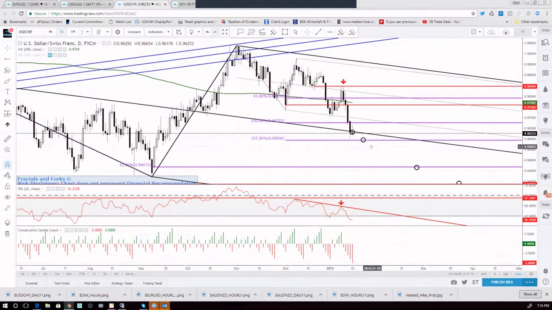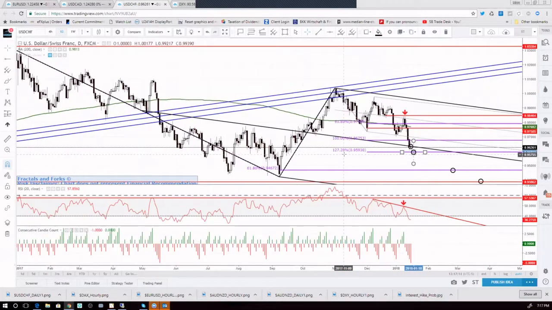If this is wave 3, then we have to reach the 127 extension. Well, we don't have to, but usually it does. So that's 95, 93, another 30, 40 pips down. And then we just have this 61.8 extension from this move that could also be attracting.